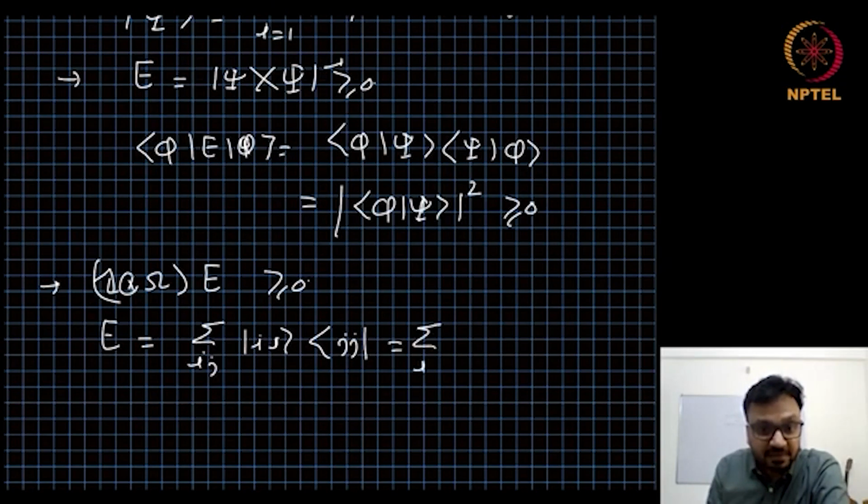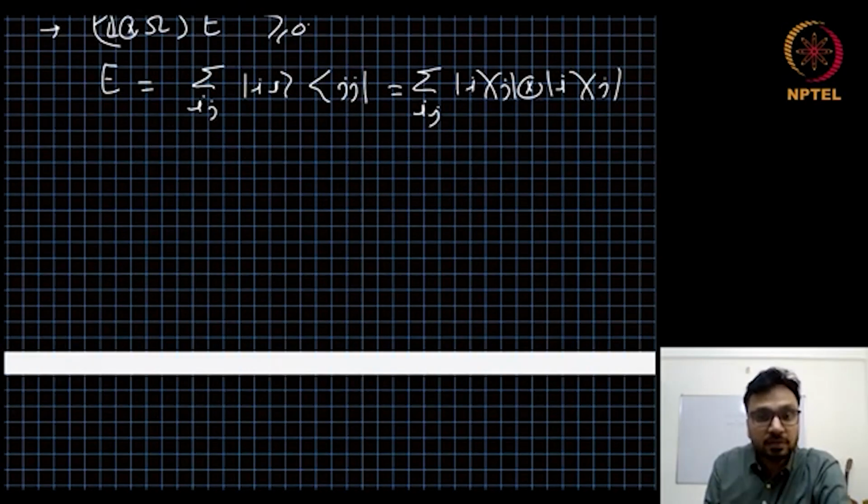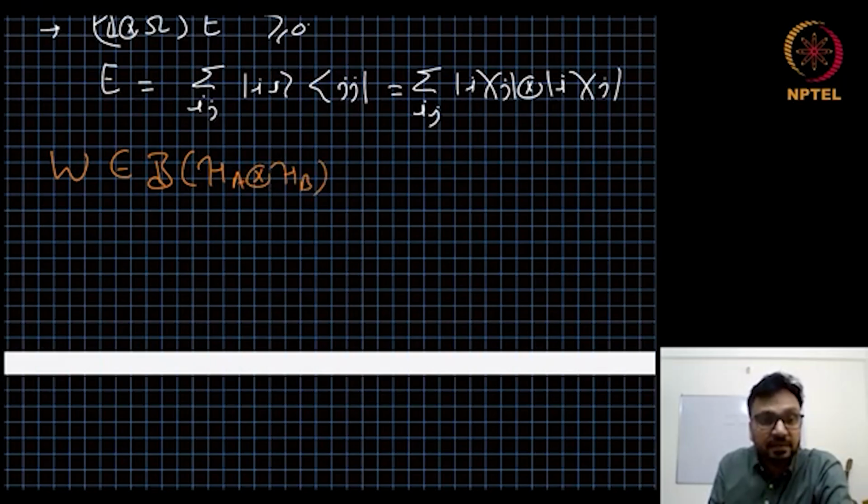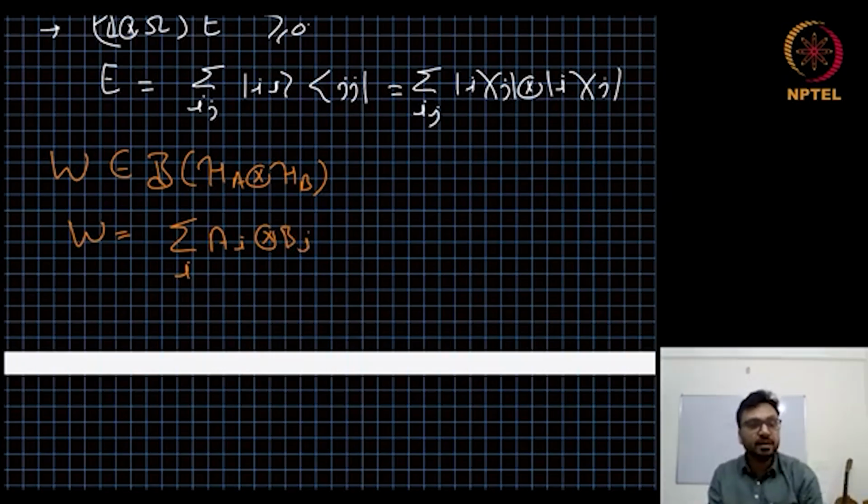And if we simplify it, it will be sum over ij of |i⟩⟨j| tensor |i⟩⟨j|. So to appreciate the structure of E, first we notice that if we have any arbitrary operator W, which belongs to the set of operators acting on H_A tensor H_B, then this W can be written as the sum over i of A_i tensor B_i. So the A_i's are the operators acting on H_A and the B_i's are the operators acting on H_B.